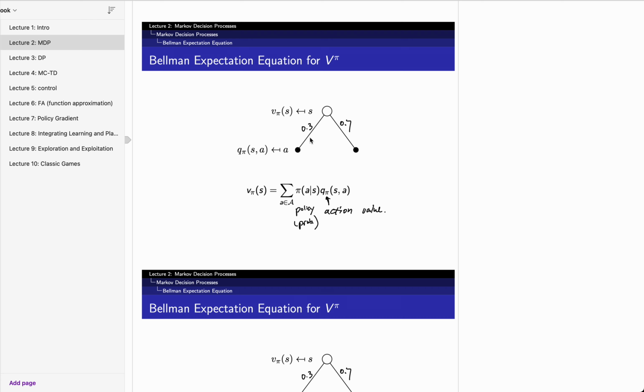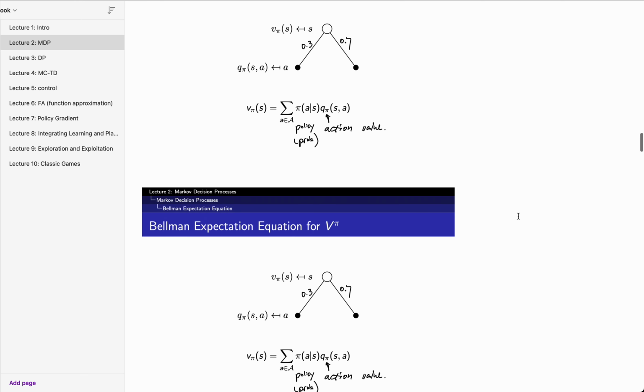It's basically like a tree. The parent node of the tree would be the summation of all its children nodes. So V pi would be equal to the summation of pi times Q pi. I think that's easy to understand.